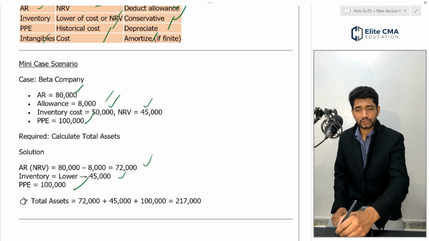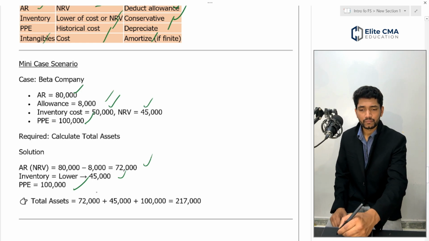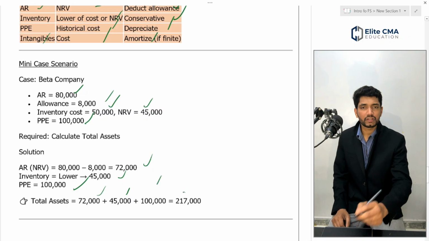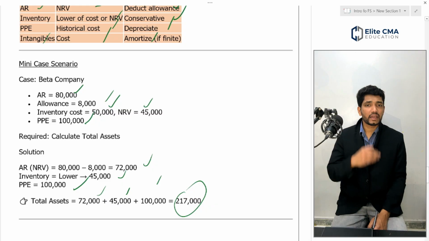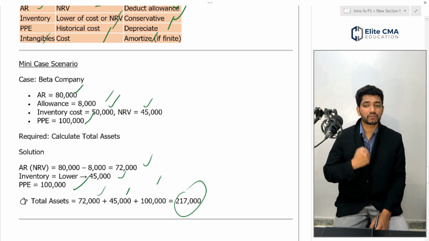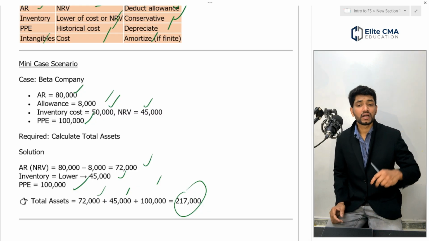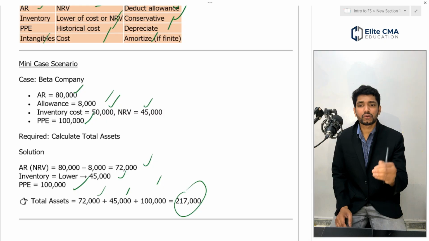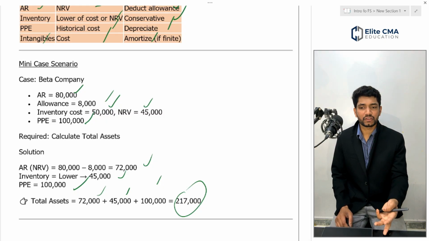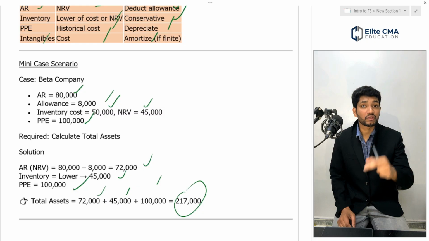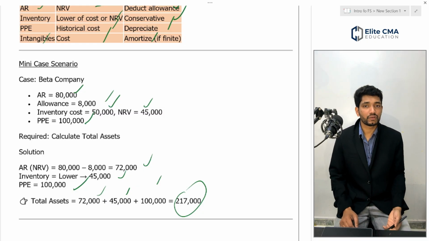So the total value of the asset is 72,000 plus 45,000 plus 100,000, that is 217,000. So here the key consideration is for the account receivable, you have to reduce the allowance, and for the inventory cost, you have to take only the lower of cost or the net realizable value. Based on this principle, you have to consider the value of inventory.